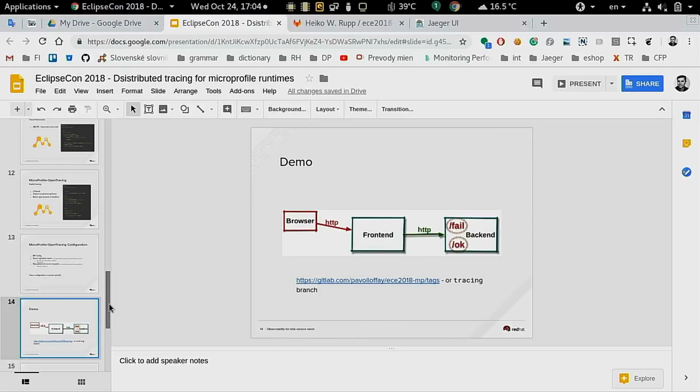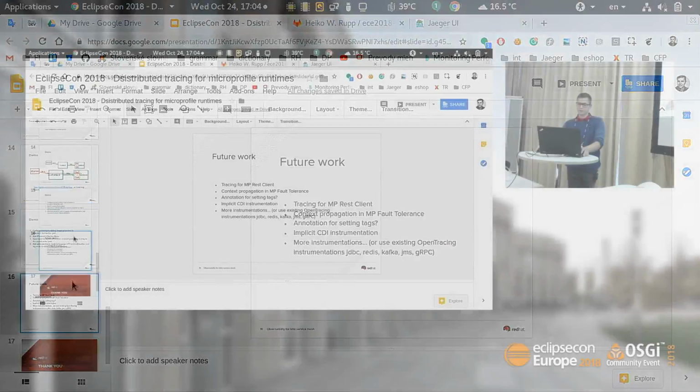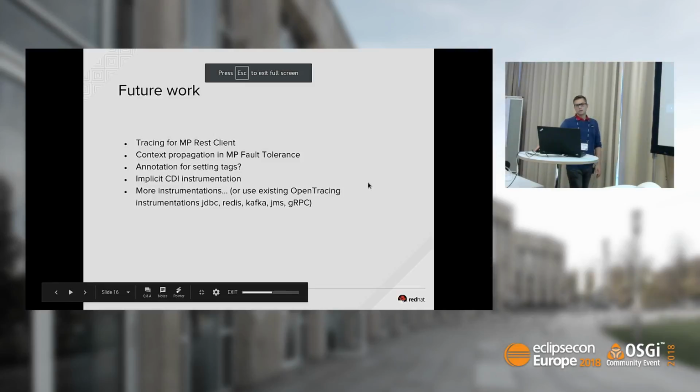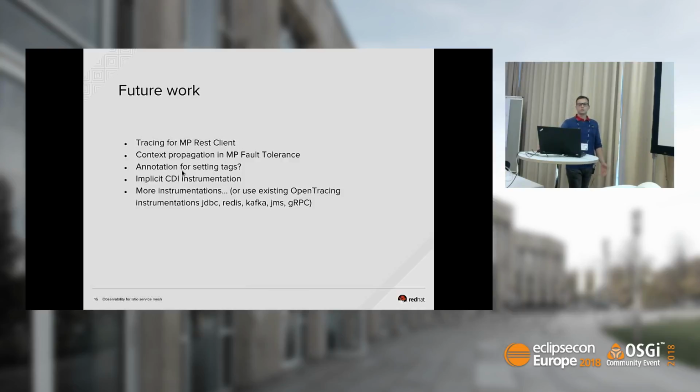Okay, so this was for the demo, and the last part that I have here is something about future work. In the next releases, we will support better integration with MicroProfile REST client, and also solve some problems with context propagation inside MicroProfile fault tolerance.